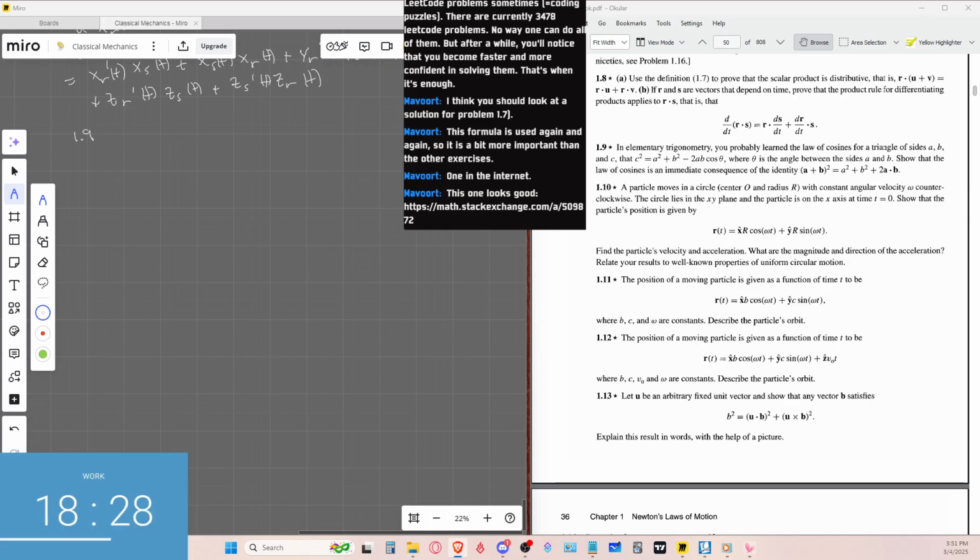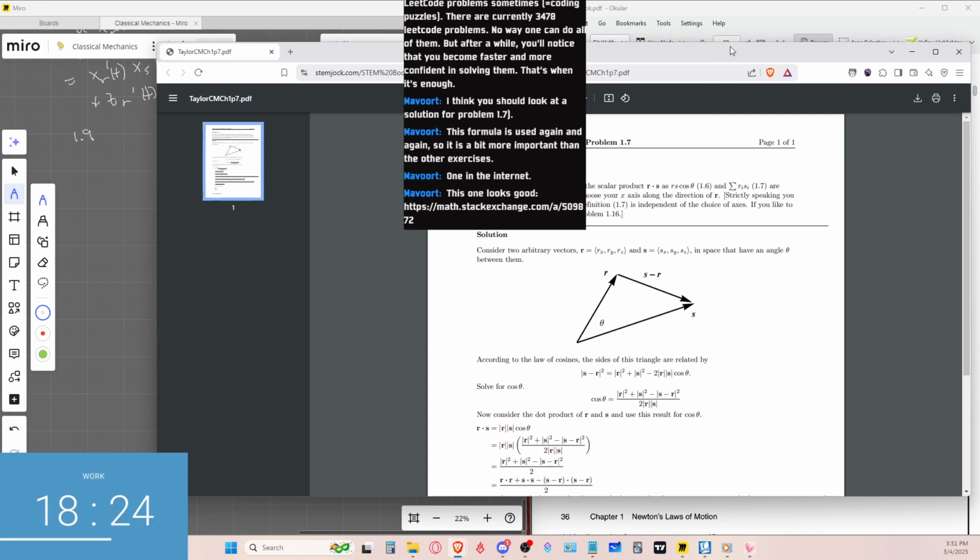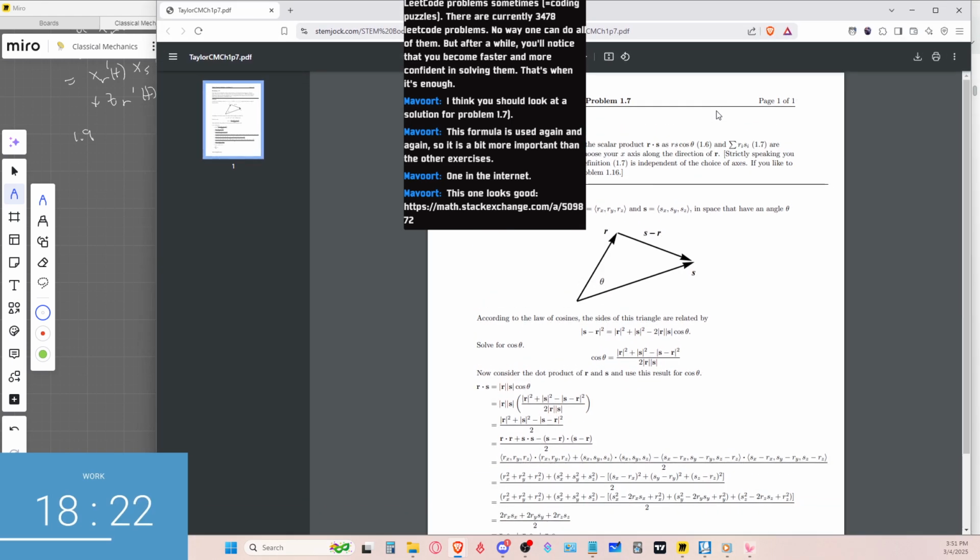Okay, here we go. Let's take a look at it together then. Oh, I found a page that gives the solutions, but thank you, Mavur. Thank you for that. Let's see. Prove the definition. Yeah, that's the same as our question.